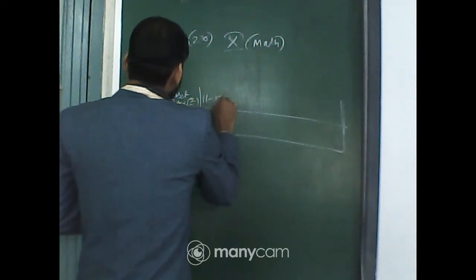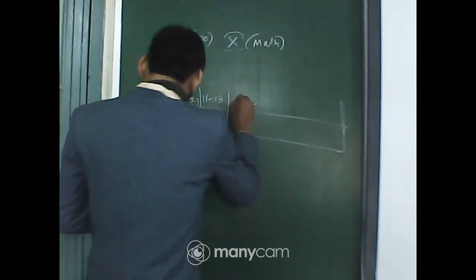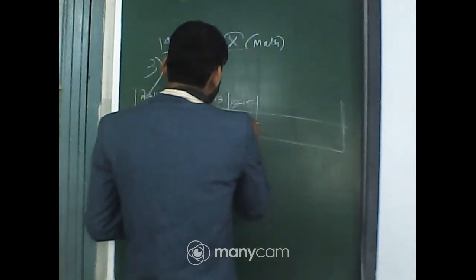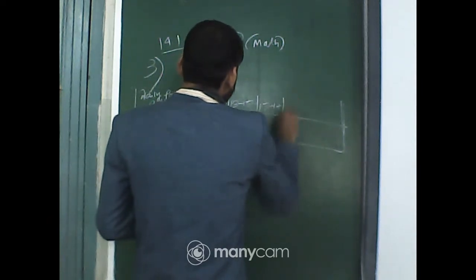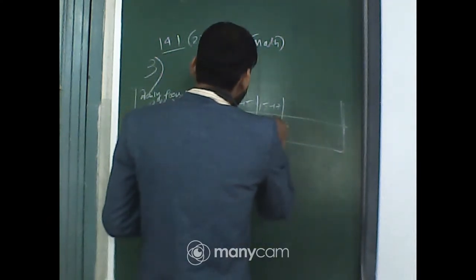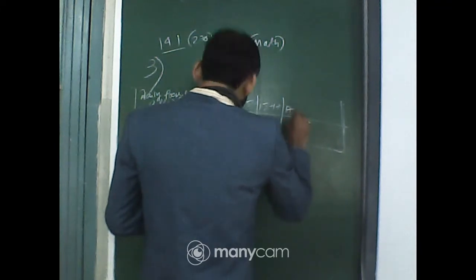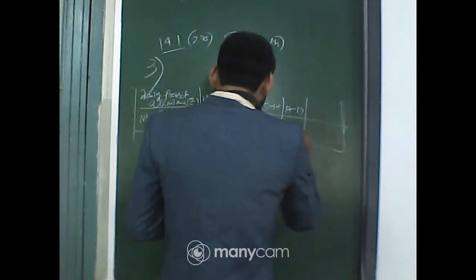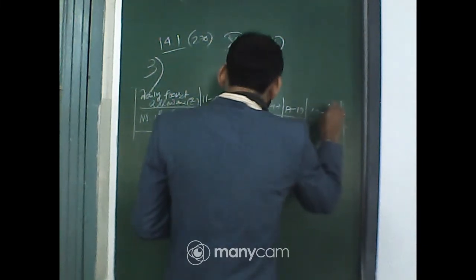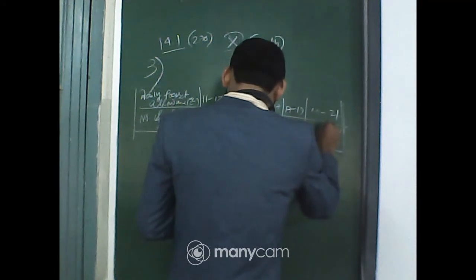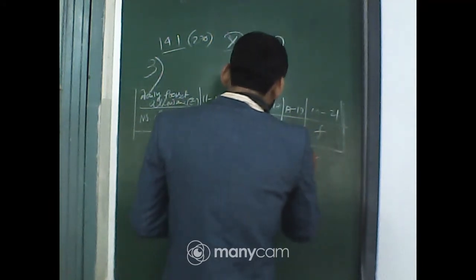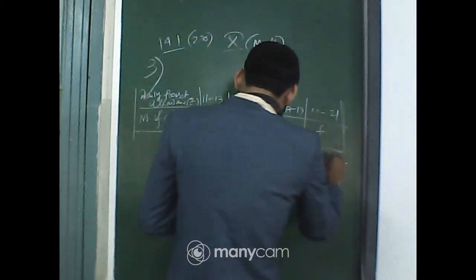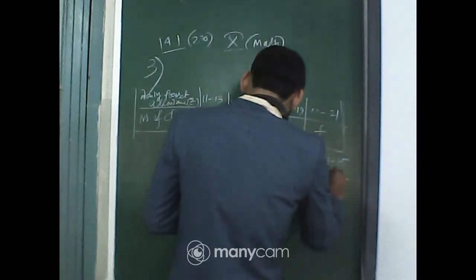11 to 13, that is 7. 13 to 15, that is 6. 15 to 17, that is 9. 17 to 19, that is 13. 19 to 21, that is f, and 21 to 23, that is 5, and 23 to 25, that is 4.